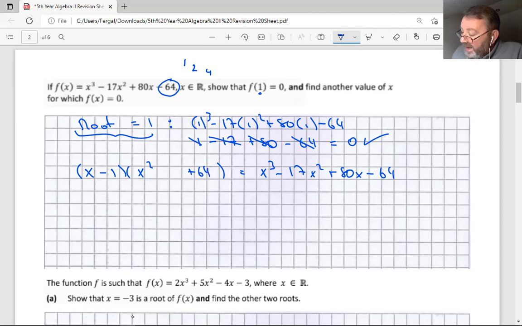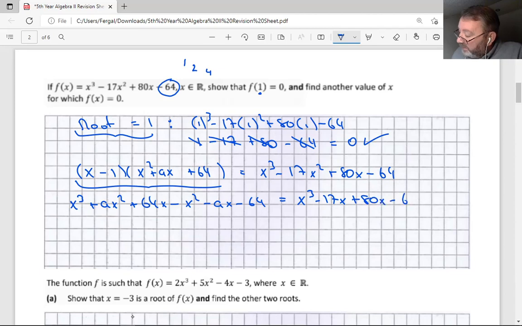And then we have an ax in here that we wish to solve. Multiply out the left-hand side. Get all these terms together. That gives me x cubed plus ax squared plus 64x minus x squared minus ax minus 64 equals x cubed minus 17x squared plus 80x minus 64.